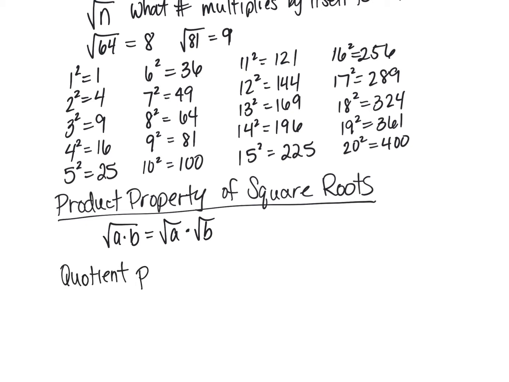The quotient property of square roots says the square root of a divided by b is the square root of a divided by the square root of b. If I can square the top and square the bottom of a fraction, I can take the square root of the top and the square root of the bottom of a fraction.